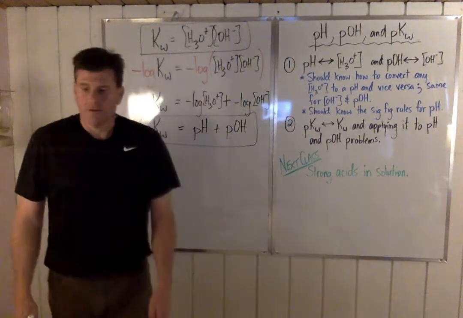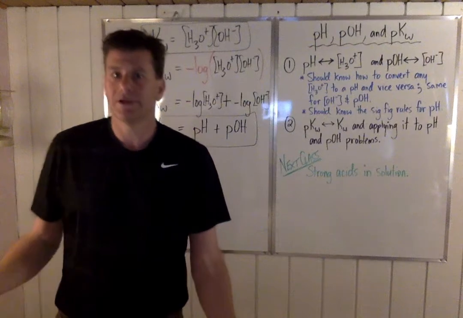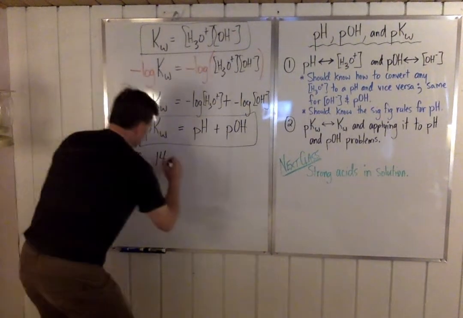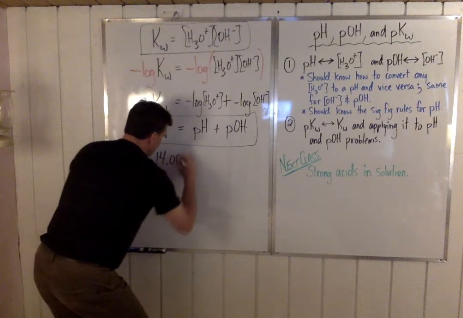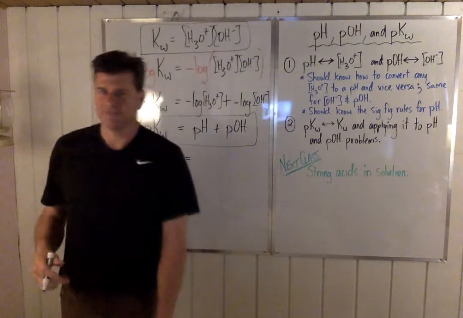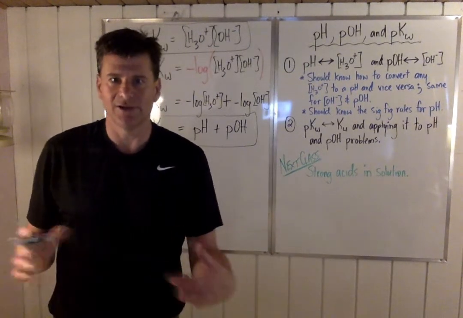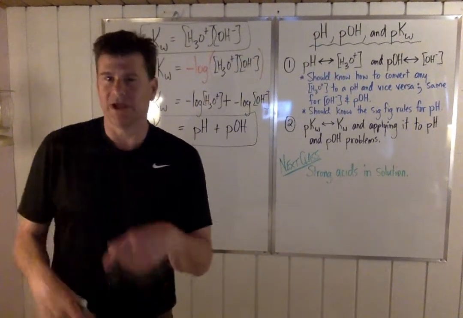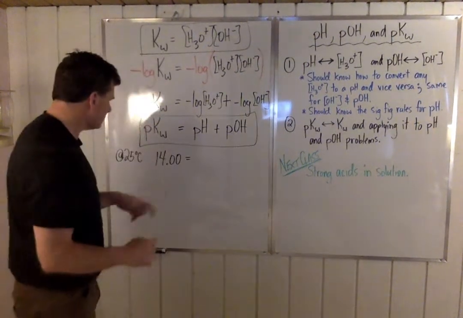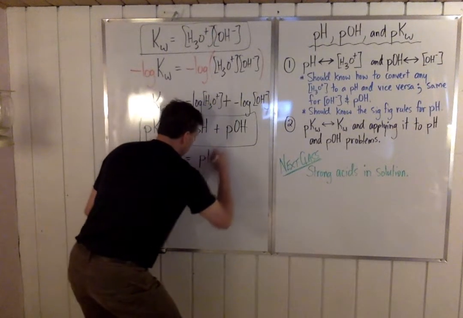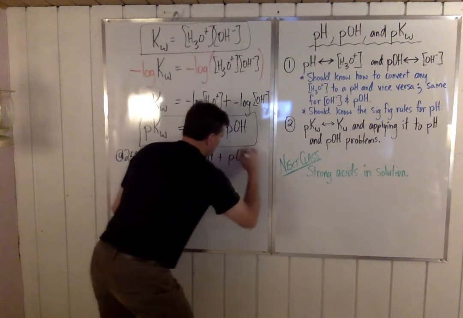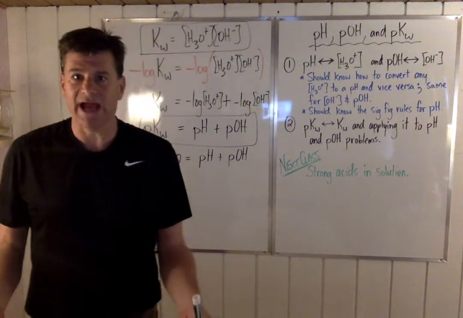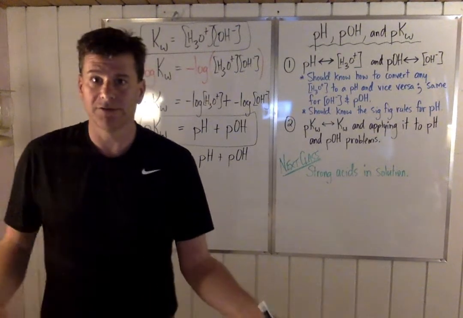Now, how many sig figs are on it? We're going to use whatever sig figs are on our pH and our pOH value. I'm typically going to be using 2 decimal places. You kind of use whatever you want. It's actually been determined to more sig figs than that, but we'll go with 2. So 14 equals the pH plus the pOH. If they always have to add up to 14, if you know one, you always know the other.